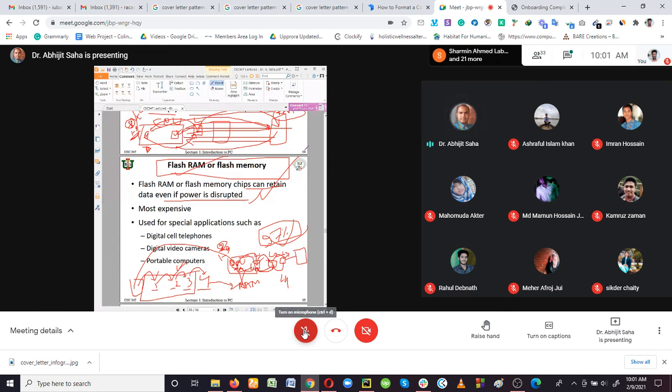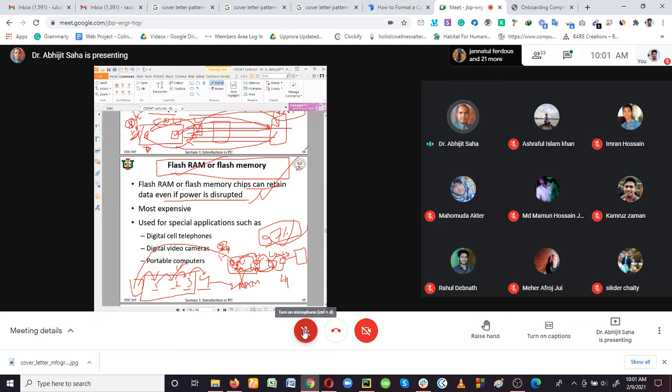These devices are capable of storing information inside the memory itself. You can read, write, rewrite, remove, and add. So these are flash memory.